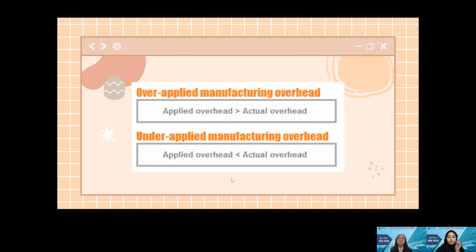Next slide, please. Okay, so when a company over-applies the manufacturing overhead cost, it means that the applied overhead is greater than the actual overhead. While if the company under-applies the manufacturing overhead, it means that the applied overhead is less than the actual overhead. Next slide, please.